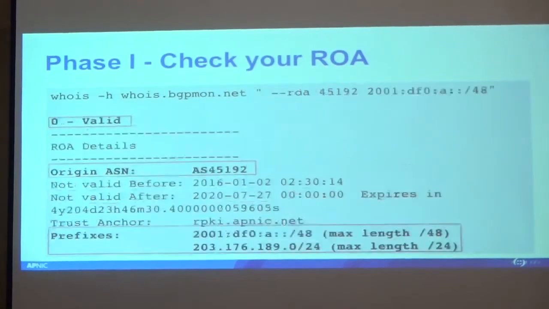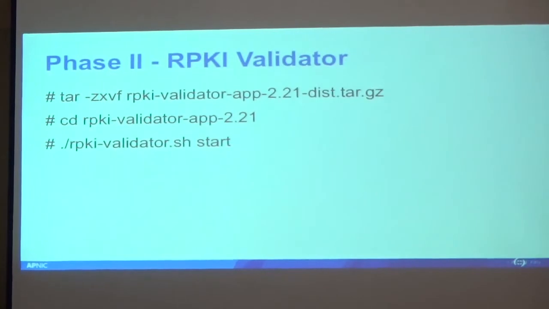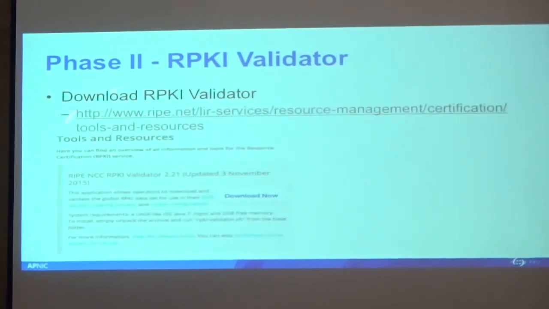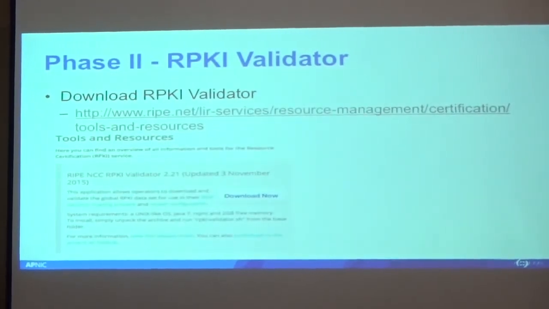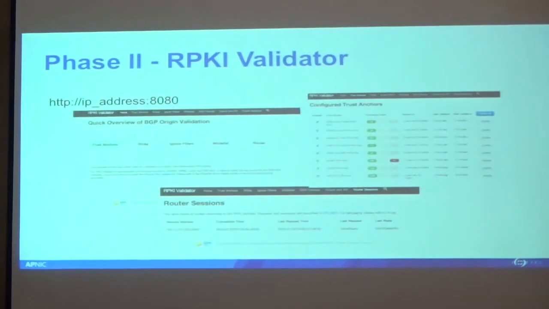That's just one. Another is you can use the RPKI validator. There are some that are already available online, I think. But you can install the program itself on your own network, on your own servers, and run that validator. I have one here.